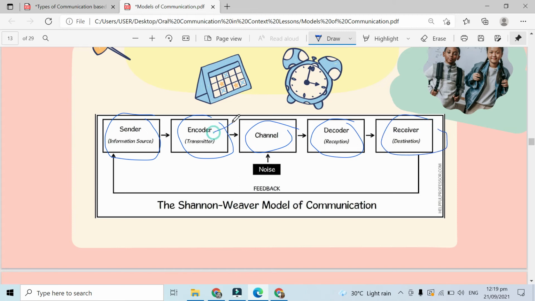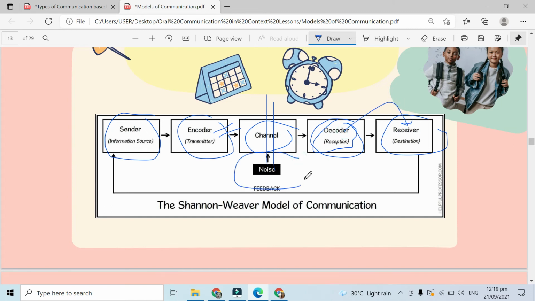So we already know that the encoder is the transmitter, or how a message was encoded, and the channel is the medium or how the message is sent. It can be a telephone call, internet, and so on. And then the decoder is how it was understood or received by the destination or the receiver.